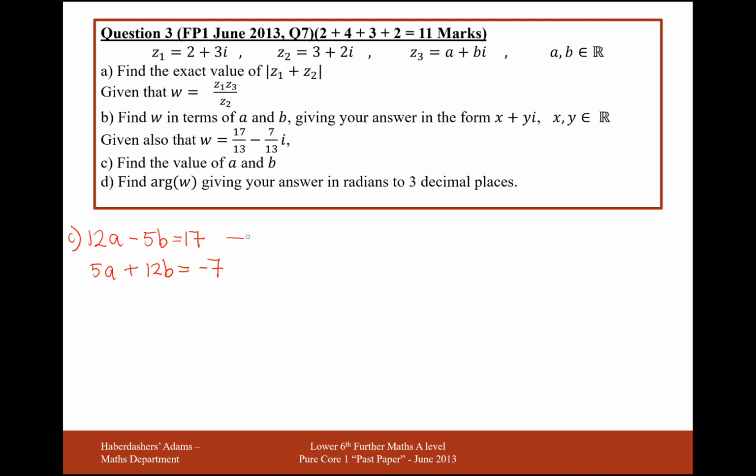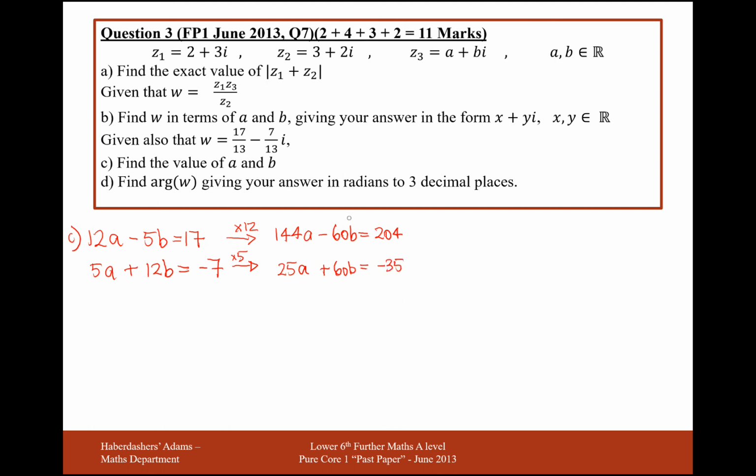So what I'm going to do is times this one by 12 and times this one by 5. And the equations I get are 144a minus 60b equals 204, and 25a plus 60b equals minus 35.